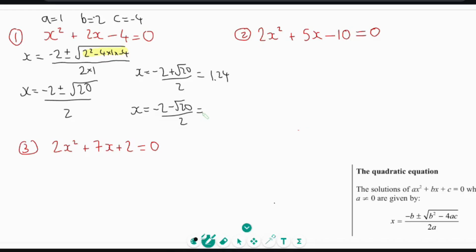It doesn't save, I'm just going to carry on. To 3 significant figures, minus 3.24.